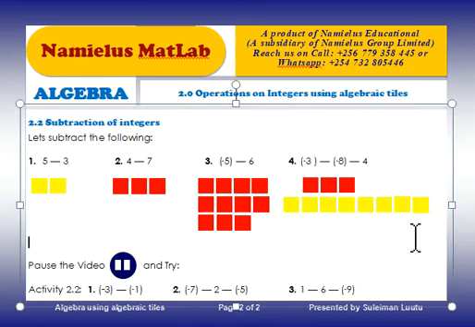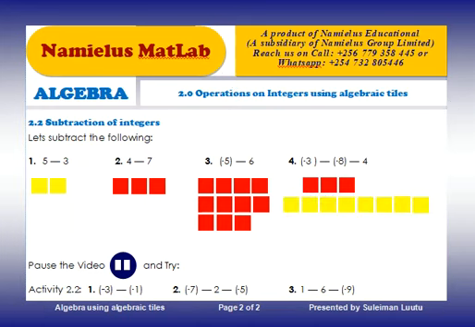Now minus 4. So this is the 4 which we want to subtract. Now this one has to change because it is a minus. It goes to a minus 4. So that is how it comes out. Now let's balance it off.